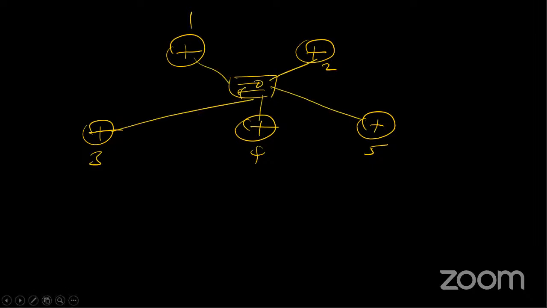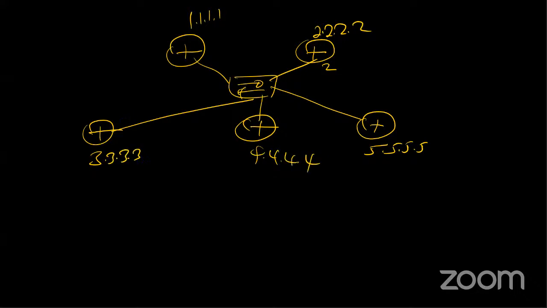Instead of exchanging too many packets, router 1 has router ID 1.1.1.1, router 2 has router ID 2.2.2.2, router 3 has 3.3.3.3, router 4 has 4.4.4.4, router 5 has 5.5.5.5. The designated router priority on each interface is 1.